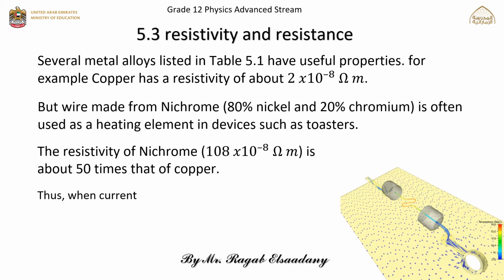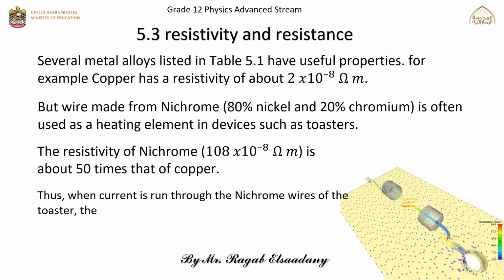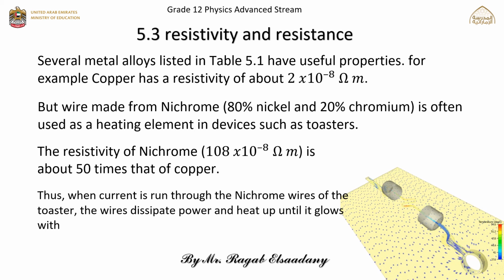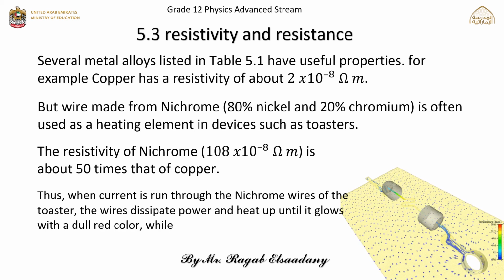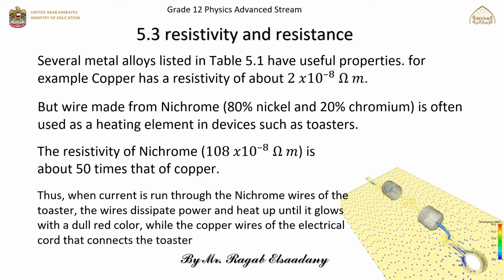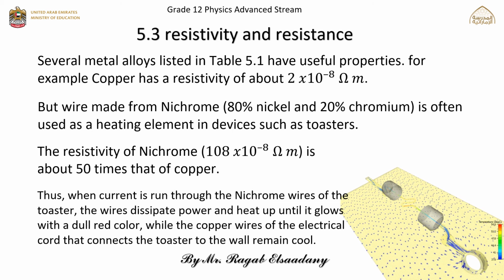Thus, when current is run through the nickel chrome wires of the toaster, the wires dissipate power and heat up until they glow with a dull red color, while the copper wires of the electrical cord that connects the toaster to the wall remain cold.